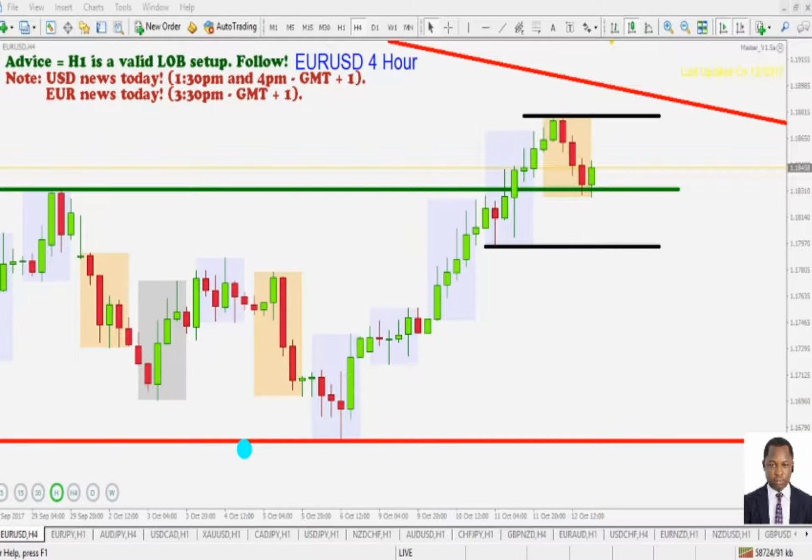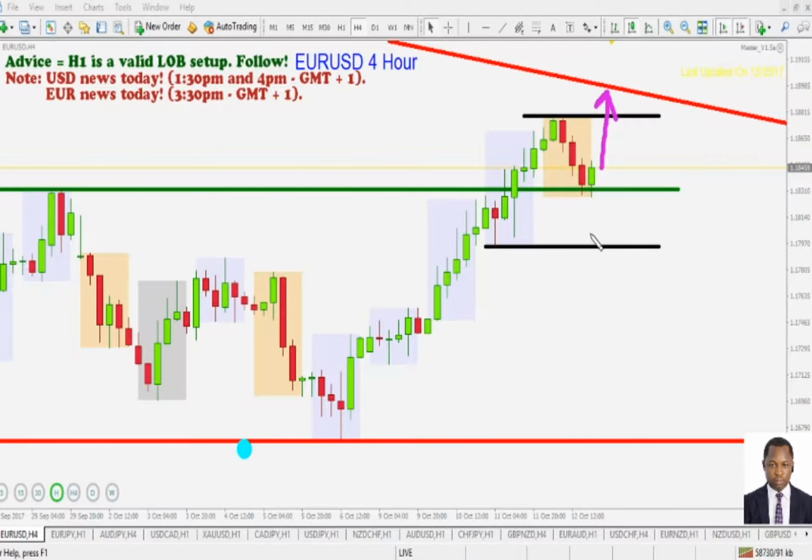That is one of the entry criteria I was talking about. I want to see some form of reversal around that area. Those two candles there, a combination of these two candles should give us this reversal. So if this candle closes just the way it is, it is valid to click on your buy button.